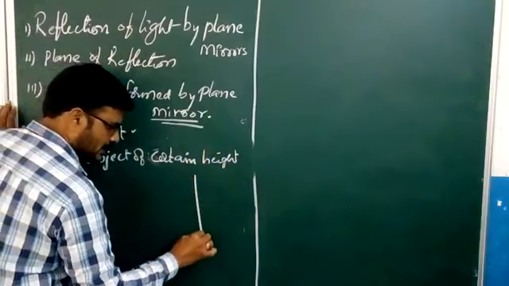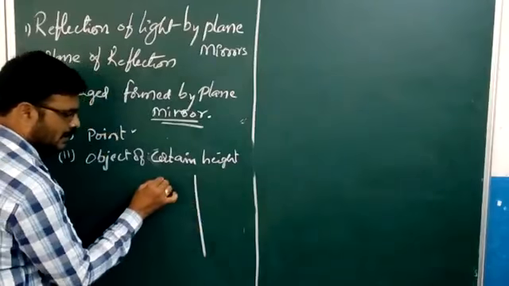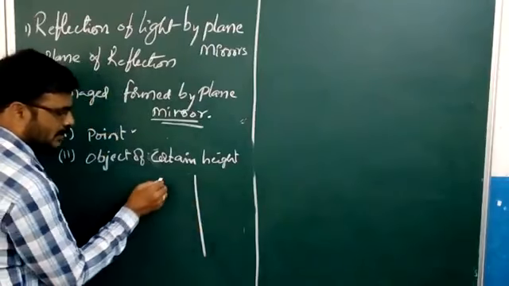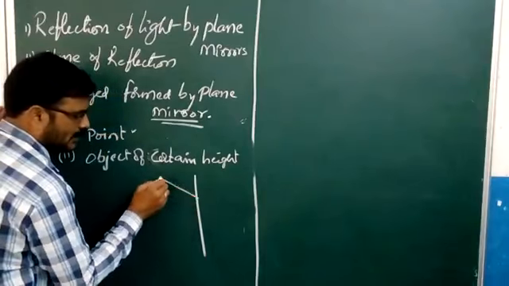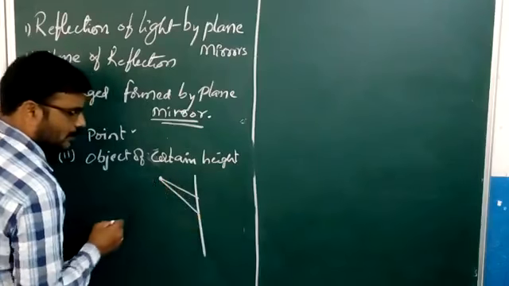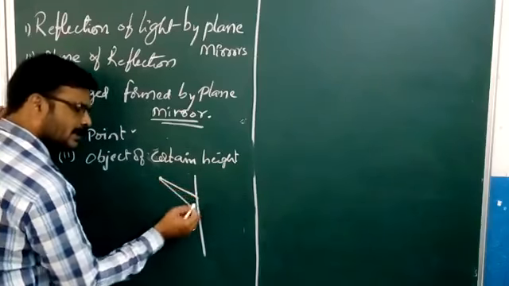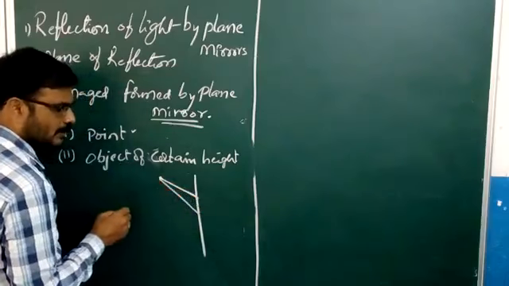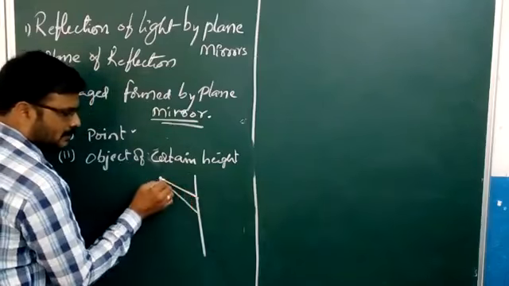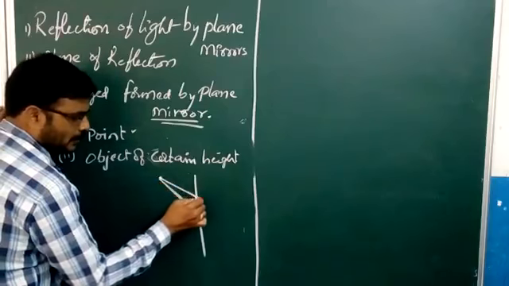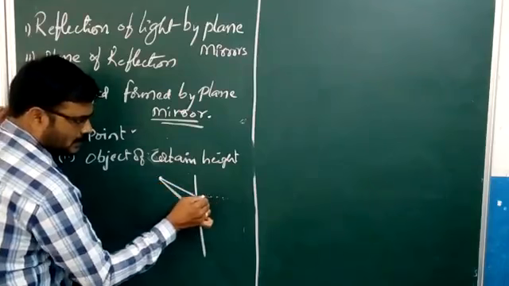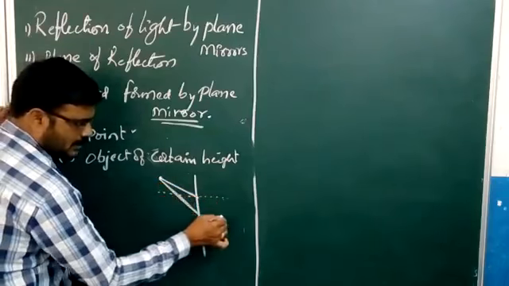Let us suppose this is your mirror and this is your point object. When light falls on the point object, so many rays will be coming from it, and let us consider any 2 rays. At these 2 points you draw the normals.